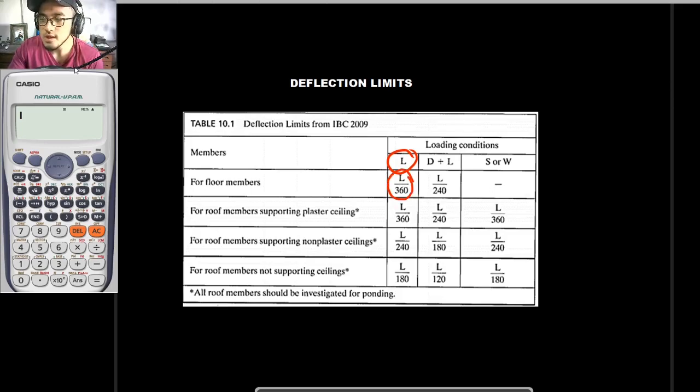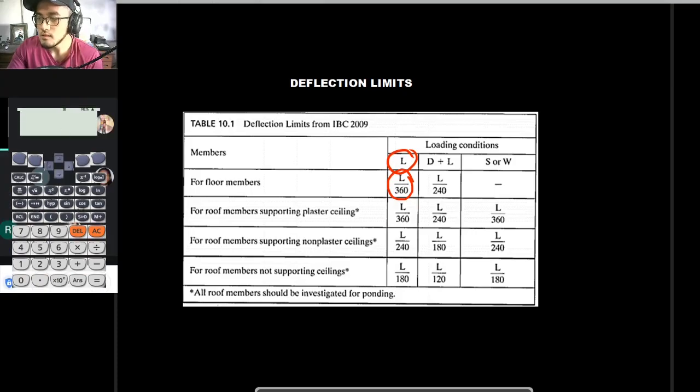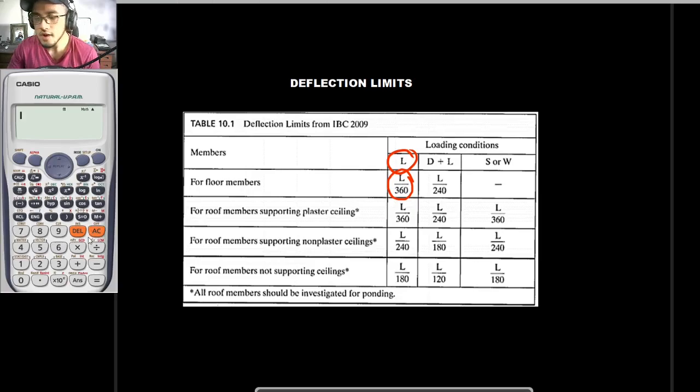So, for example, let's say our beam is 6 meters. If you are just to consider live load here, your 6 meter beam should not deflect by more than L over 360. So, L over 360 is equal to 16.666 millimeters.